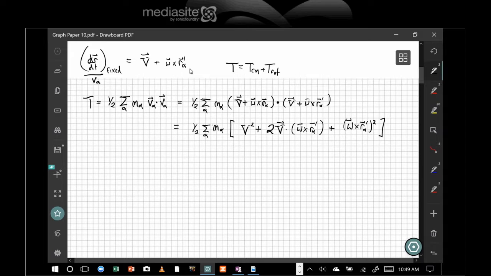Now the middle term, what's going to be there? So this term here, notice I have v dotted with the cross product of this thing here. Now let's look at that term a little bit carefully. So I have 2v dot omega cross r alpha prime.